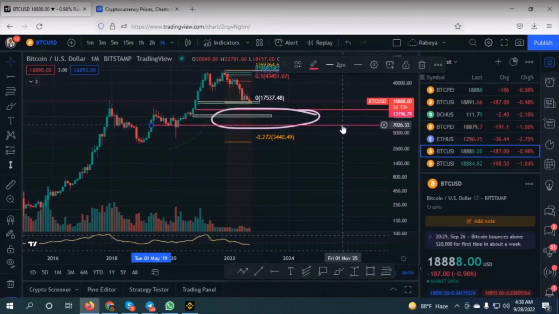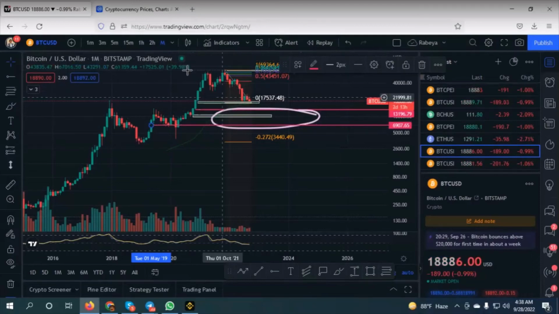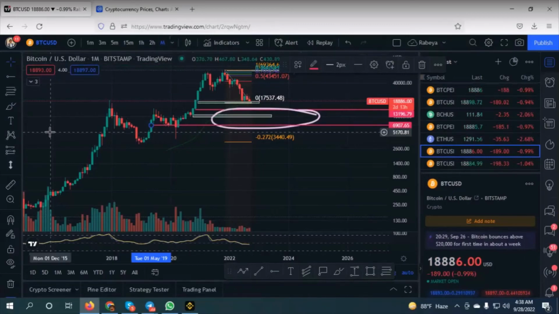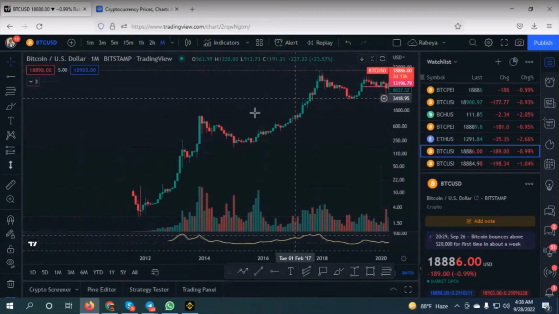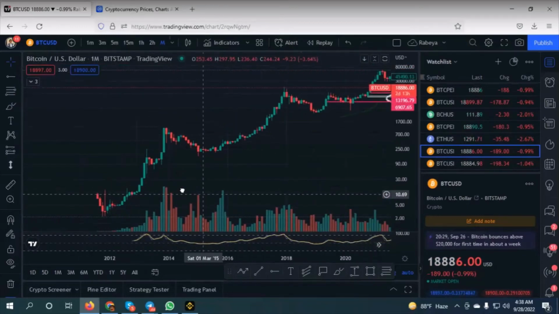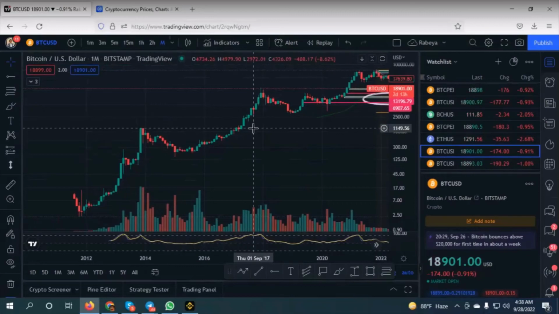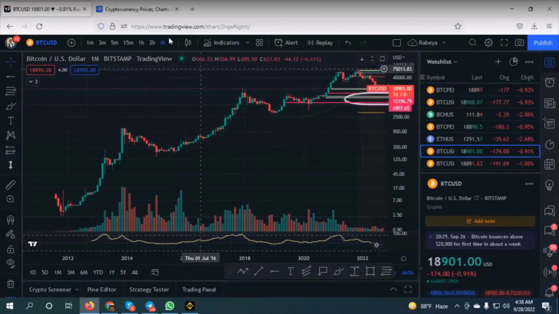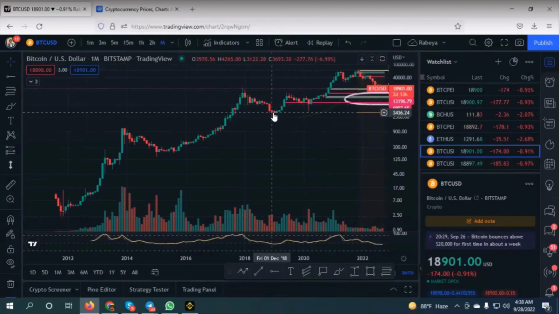So let's see what's happening in these days. But you can see one moment: in 2018, when we printed the bottom at $3,200, at that time we went up in only 4 hours.